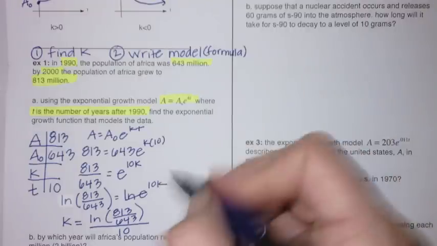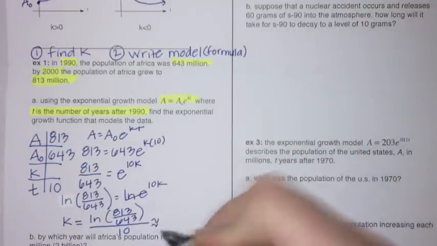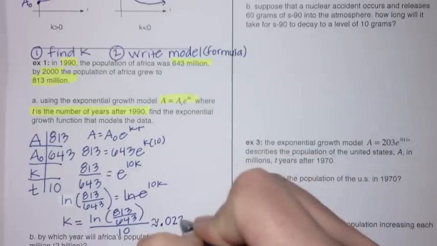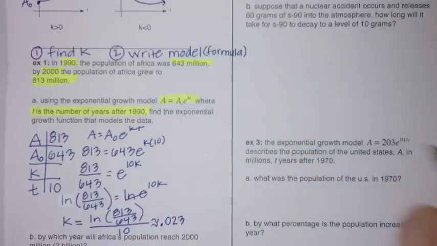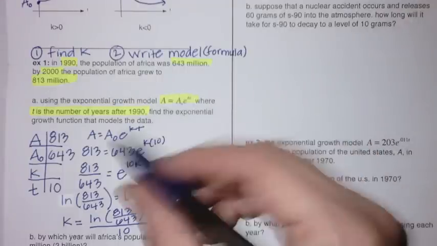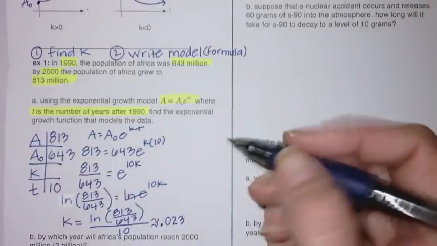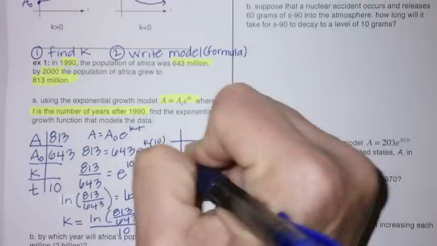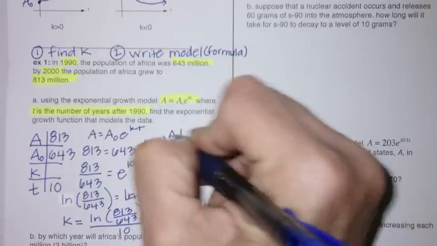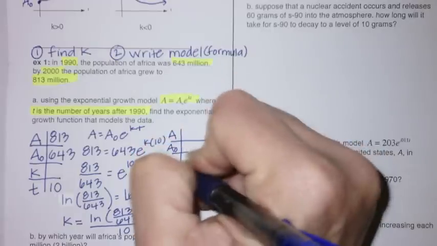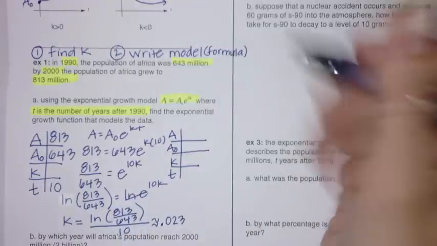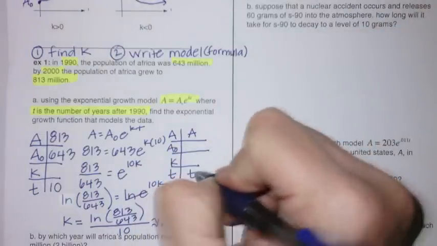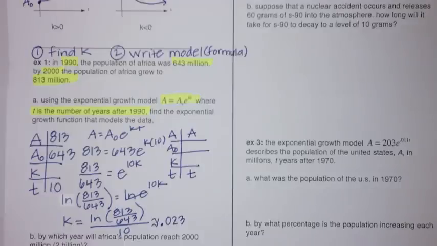So then we're going to plug that into our calculator, and we're going to go 3 decimal places, so it's 0.023. And then, so we just found k, but it wants us to write the formula. So all we're going to do this time is, when you write the formula, your final amount, you're going to leave a, and you're going to leave t, because you're wanting to be able to plug into this formula.